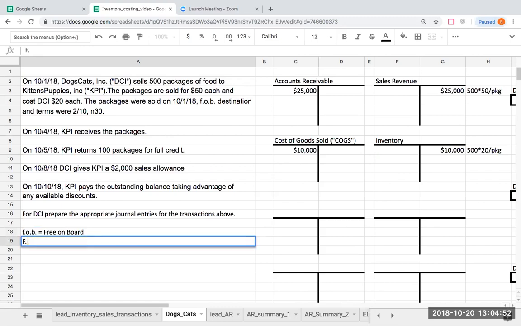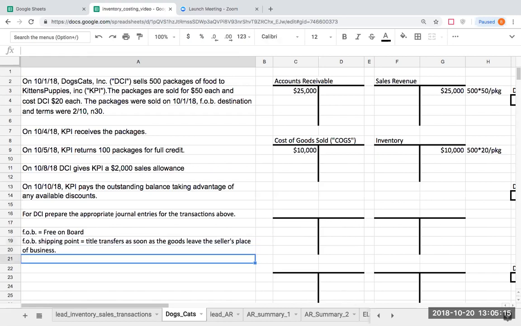So FOB shipping point indicates that title transfers as soon as the goods leave the seller's place of business. So that is FOB shipping point.